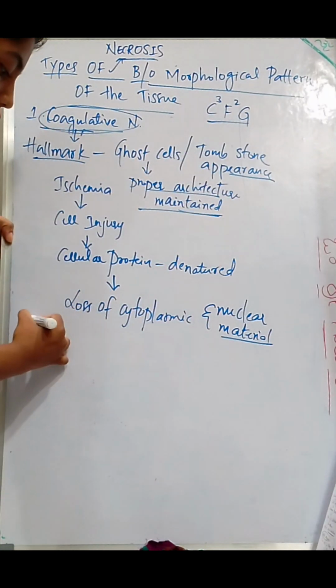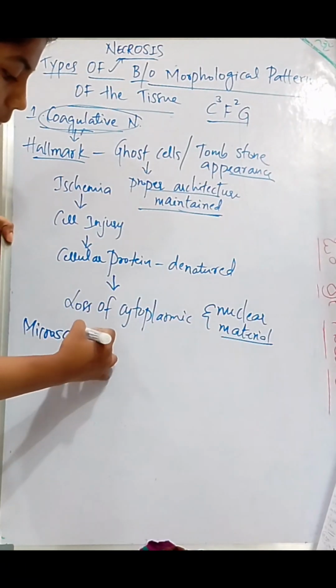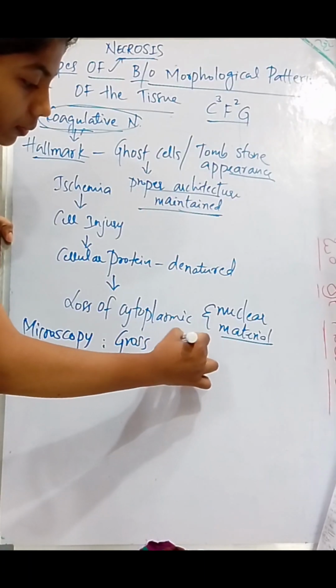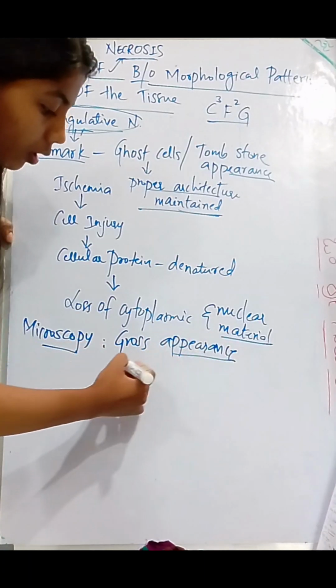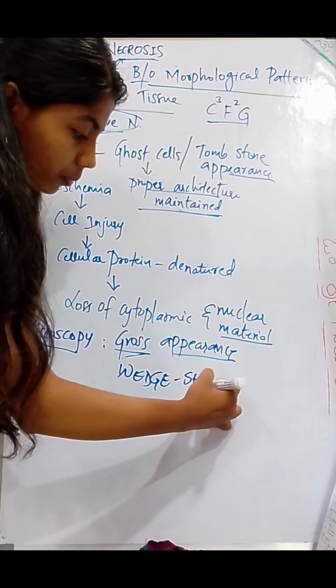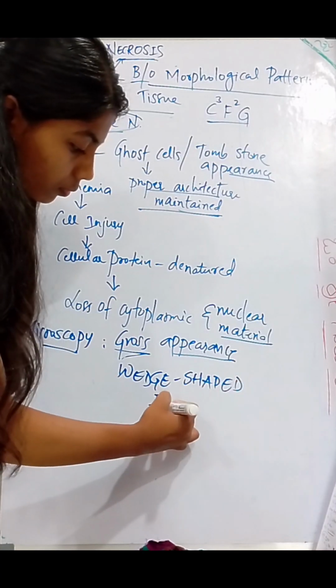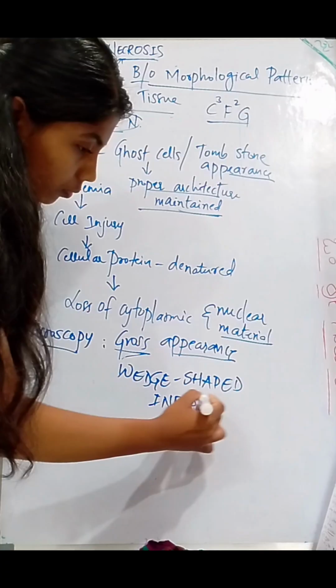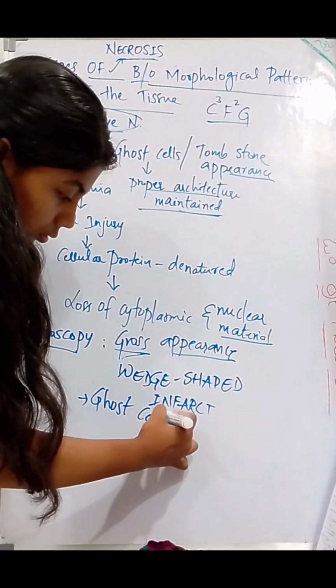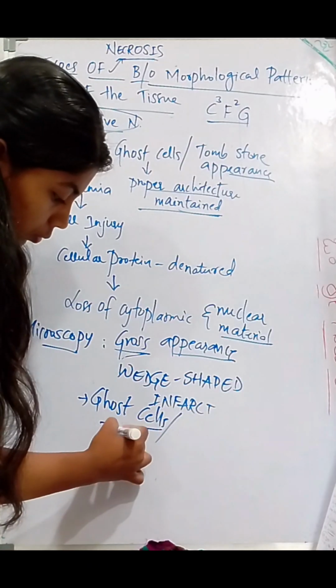And about the microscopy, in gross appearance, we see a wedge-shaped infarct, and we see ghost cells or tombstone-like appearance.